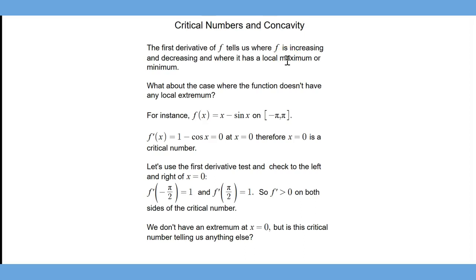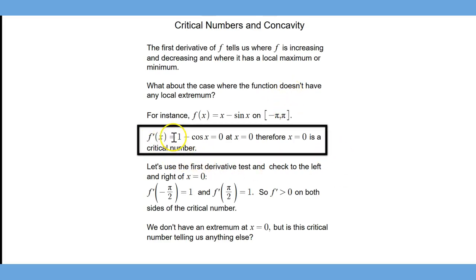There's that third case with the first derivative test where it doesn't change direction on either side of the critical number. And so there's not a max or a min there, but it is telling you something relative to another characteristic of a function, and that's concavity. So for instance, if we look at this function, x minus sine x, on the interval minus pi to pi.